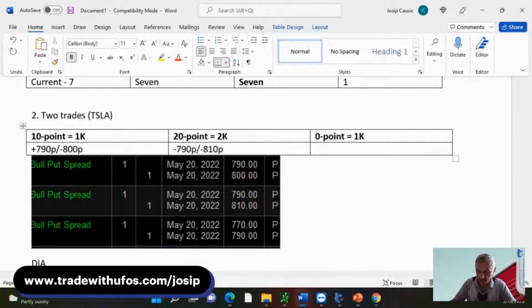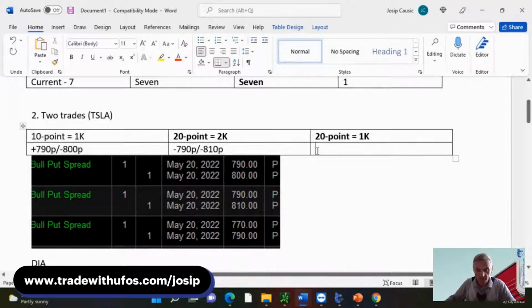Okay, so we only have one that is 10. Okay, then let's make the not bolded one, and now we can compare these two, right? So over here, what do we... I'm sorry, that's supposed to say plus right here. Okay, so we're buying the 770 put, and we're selling the what? 790 put.